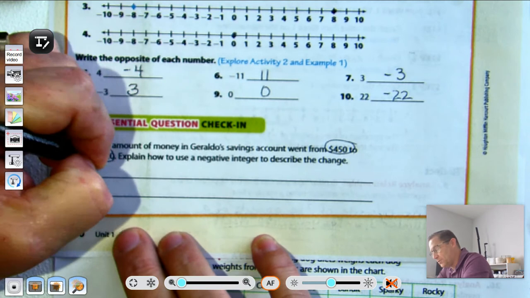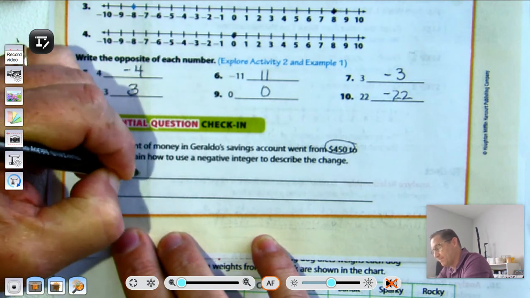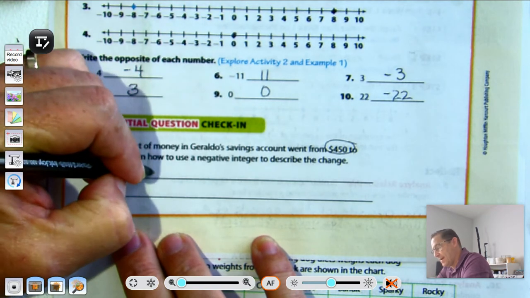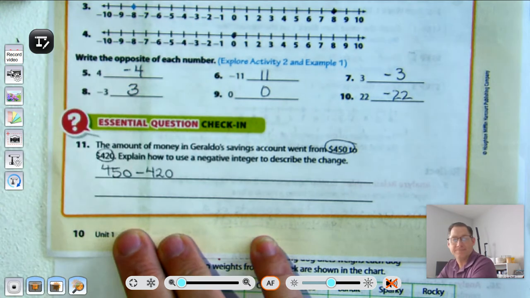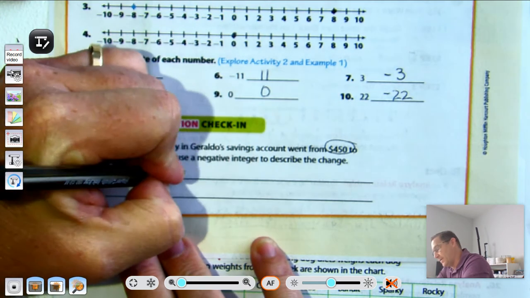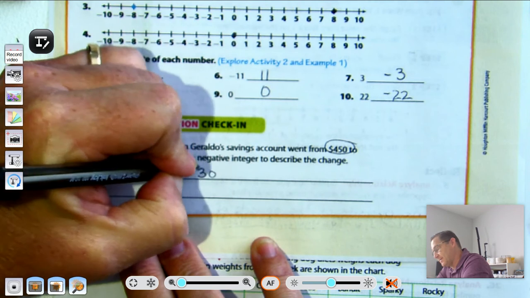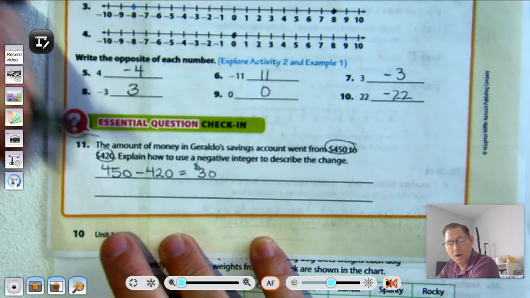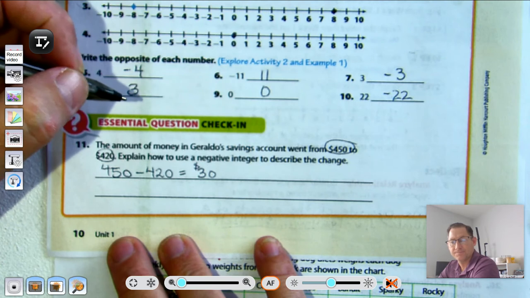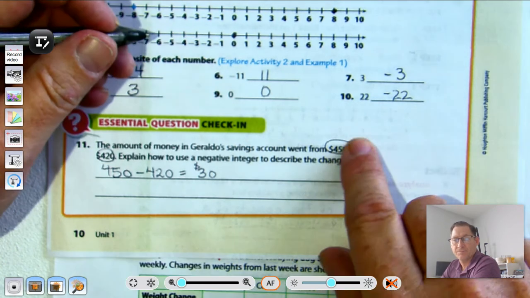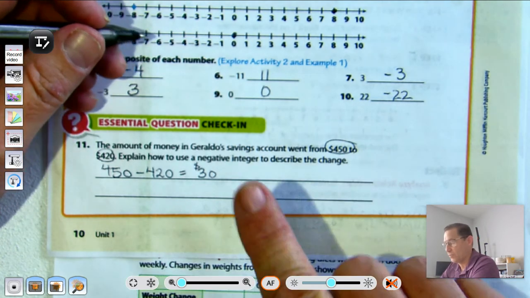So we have 450, and then it went down to 420. So we can say that his bank account lost $30, right? Because 450 is higher than 420.